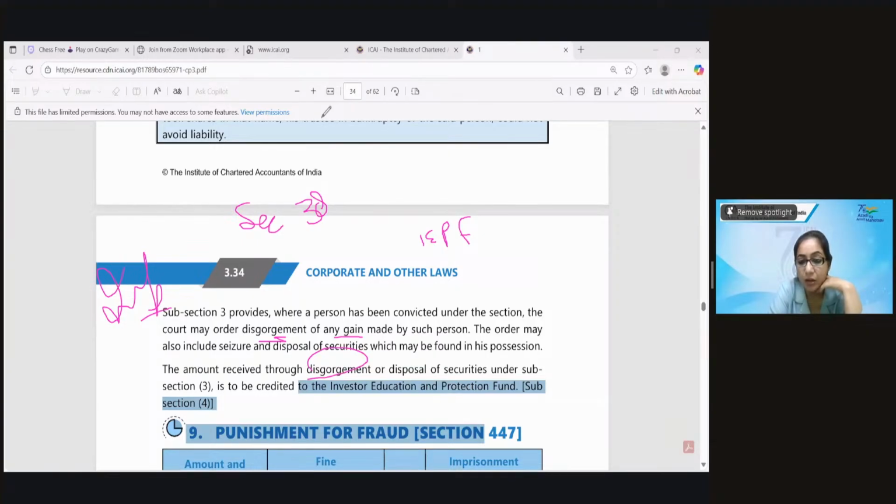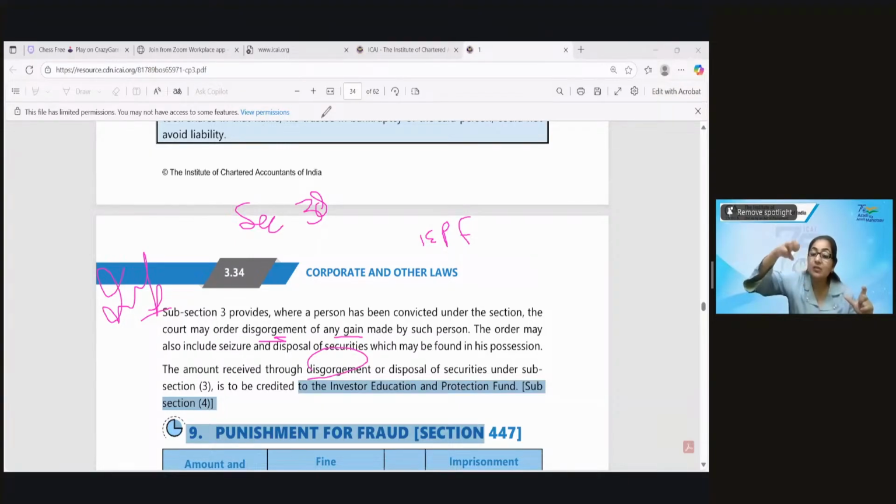I hope Vedant now disgorgement is clear. Disgorgement means to take it out, to release everything. Means whatever profits you have gained. So I used a fake name on the share application form and I subscribed to the securities. Further, I sold the securities and earned huge profits because I've used a fake name. So now whatever profits and gains I have made by using this false name, government will take out all the profits from it.